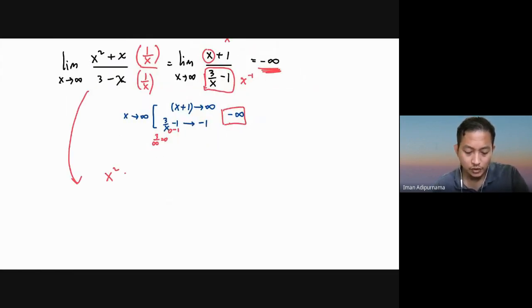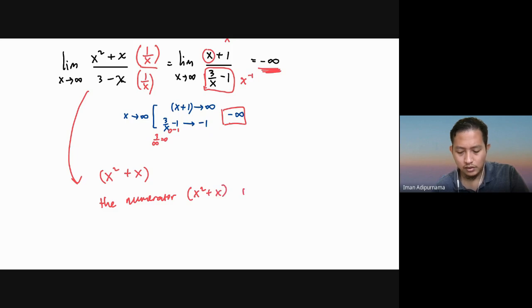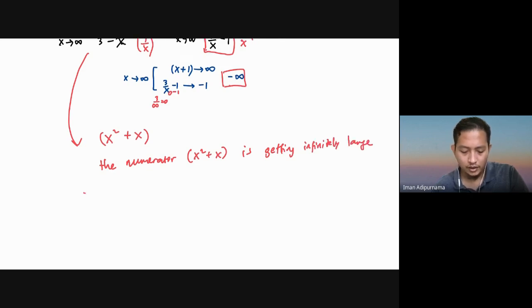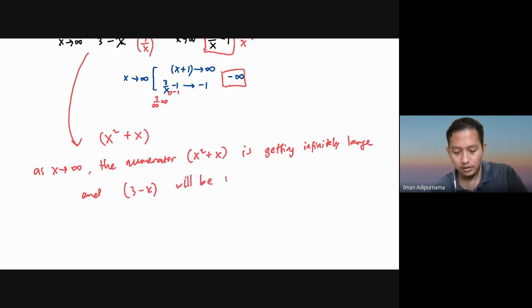We can say that x squared plus x, the numerator, is getting infinitely large, and as x goes to infinity, 3 minus x will be negatively large.